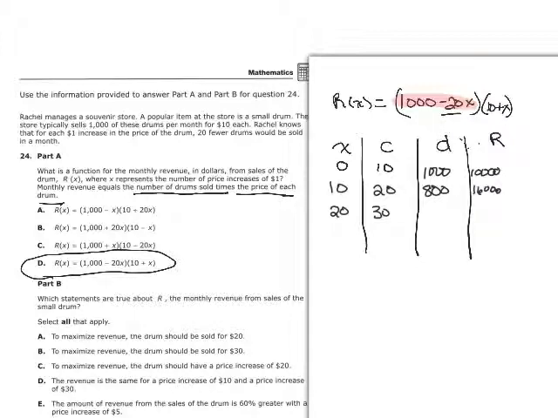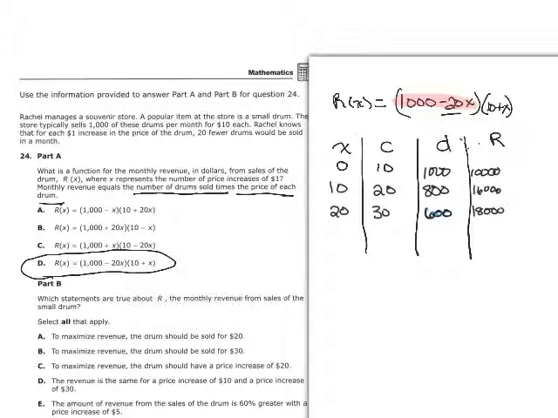My X value is 20, so it's 20 times 20, which is 400. 1,000 minus 400 is now going to leave me with 600 drums. Sorry for all you with the OCD issues here. So 30 times 600 is going to be 18,000.